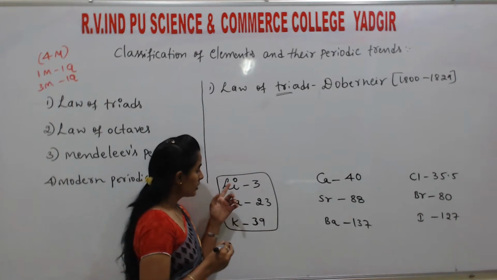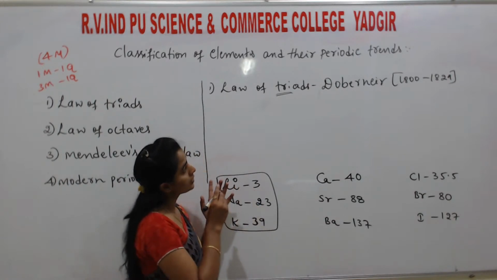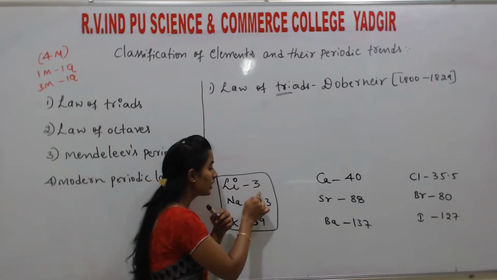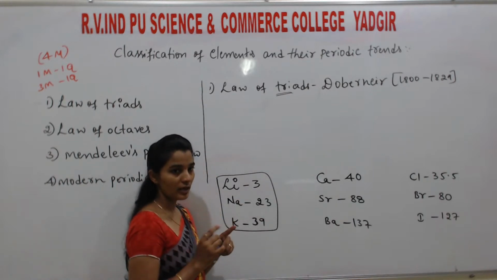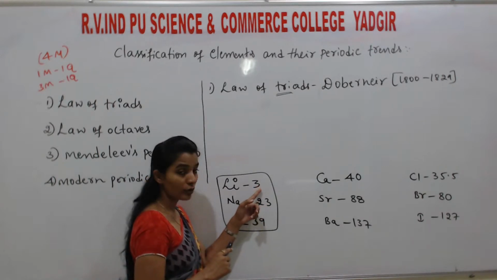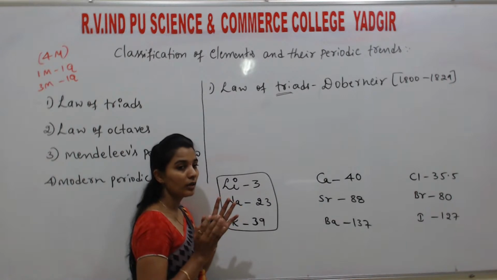Okay. So here Döbereiner tried to arrange the elements in the increasing order of their atomic mass. Understand? He is considering atomic mass, not atomic number.